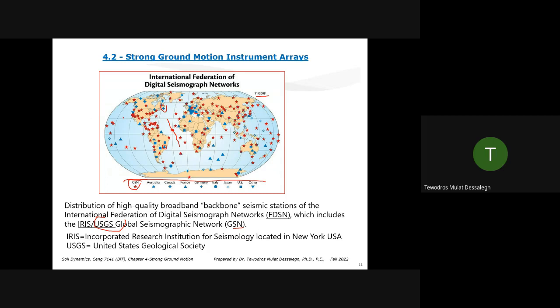We also saw in chapter 3 that there are shadow zones: a P-wave shadow zone and an S-wave shadow zone. If an earthquake occurs at one place, some of these instruments don't pick it up because they are in the shadow zone. There are different countries: Australia, Canada, France, Germany, Italy, Japan, US, and many others.